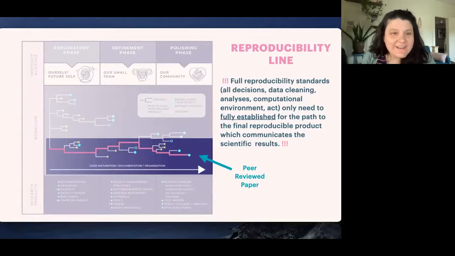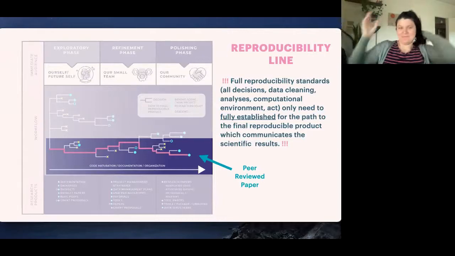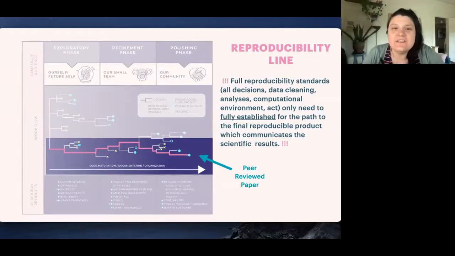And so the schematic, there's a lot going on, so I broke it up into pieces. There's this reproducibility line, so full reproducibility standards. All the decisions, all the data cleaning, analysis, and computational environments you used, any tool you've used, how you made those decisions.